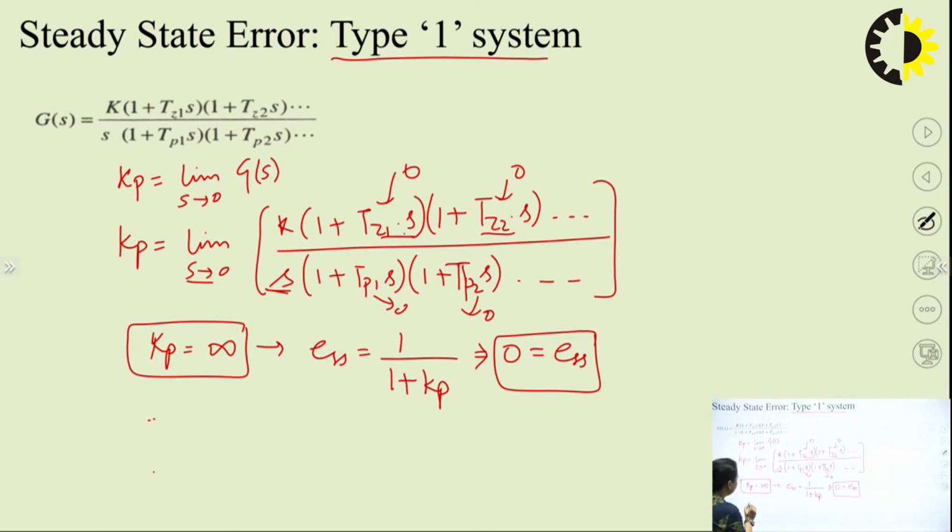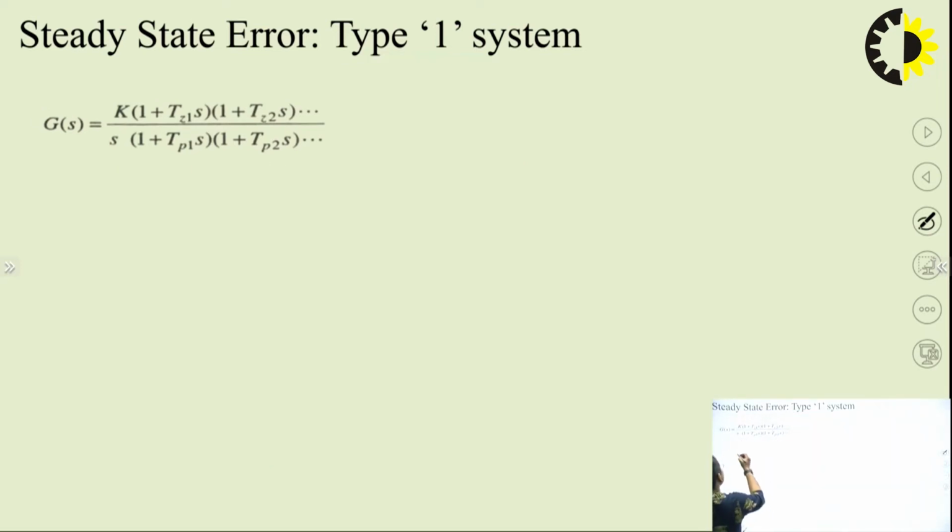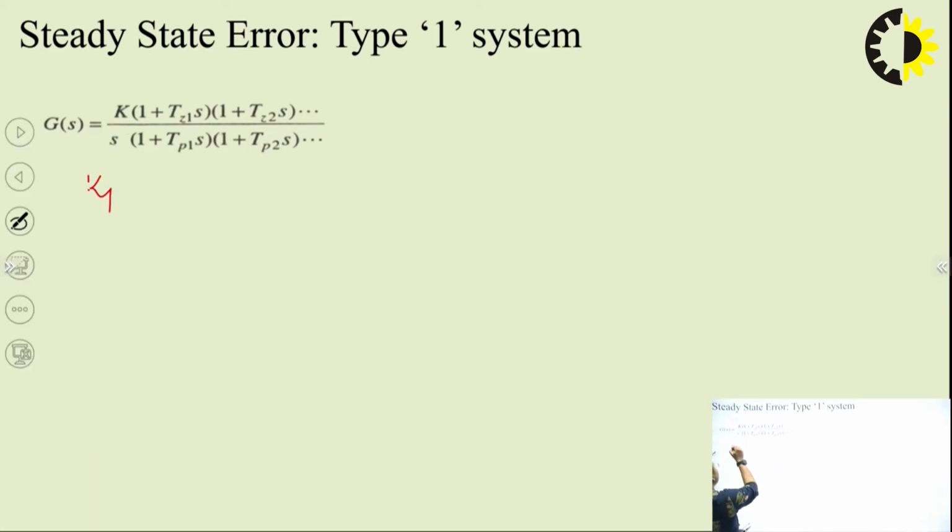Now let me calculate the value of Kv. The value of Kv here is limit s tends to 0 of s into G(s). Put the value of G(s) in this equation. This is Kv, sorry.